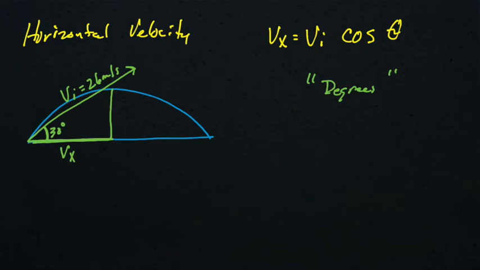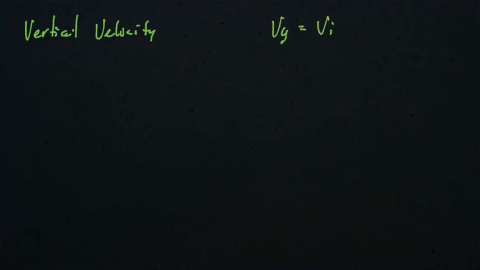Okay, so now that's horizontal velocity. So now let's talk about vertical velocity. And the formula to calculate vertical is v of y is equal to initial velocity times the sine of theta.